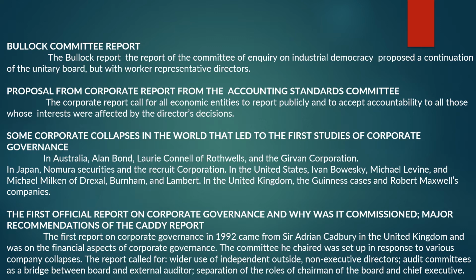The committee he chaired was set up in response to various company collapses. The report called for a wider use of independent outside non-executive directors, audit committees as a bridge between the board and external auditors, and separation of the roles of chairman of the board and chief executive.